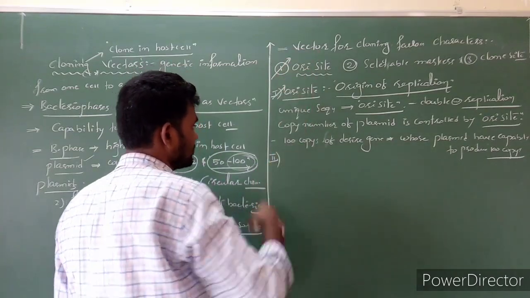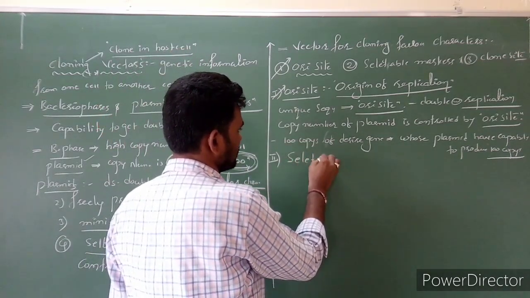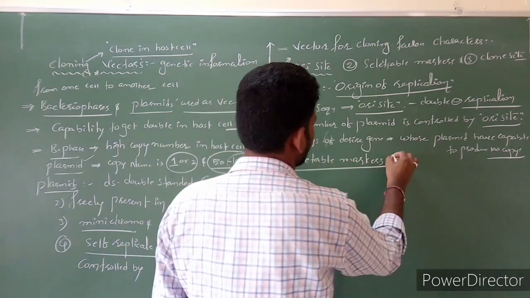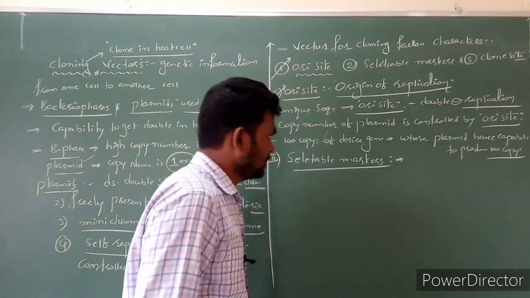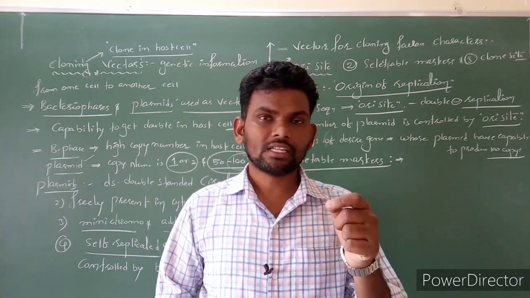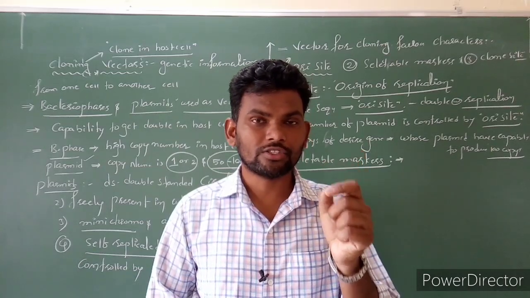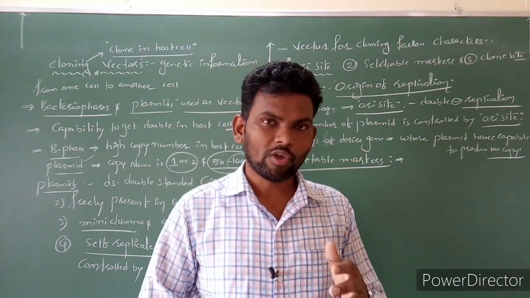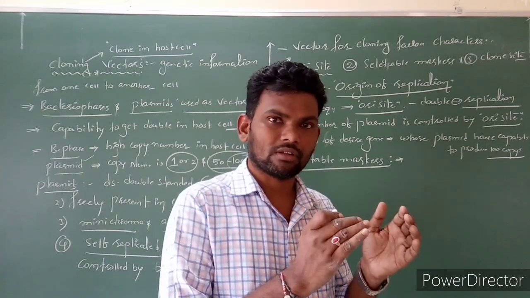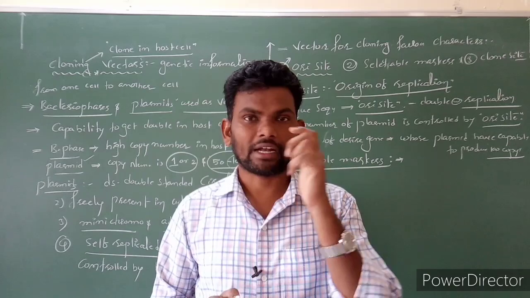And the second one is selectable marker genes. Besides the ORI site, selectable markers also must be present. Why? Because these selectable marker genes are useful for isolation or recognition of recombinant bacteria.